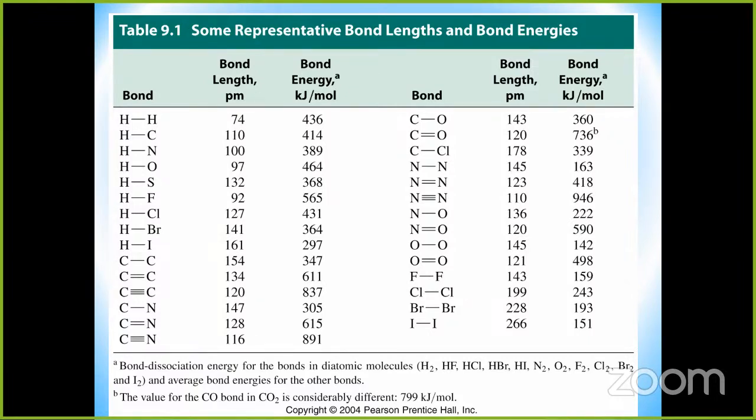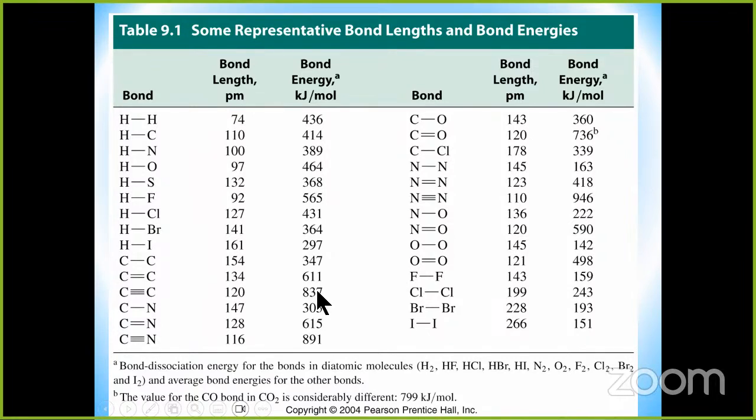the bond is, right? Another trend that you'll observe is that the shorter the bond, the greater the bond dissociation energy. Again, looking at carbon-to-carbon single, double, and triple bonds, you see 347 for the single bond, 611 for the double bond, and 837 for the triple bond, right?